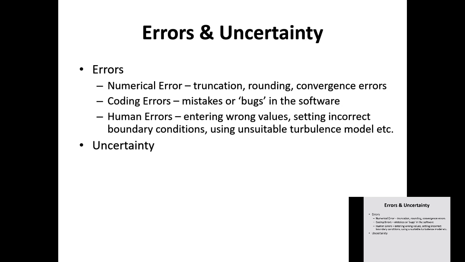And there can be coding errors because codes are written by humans as well. There could be bugs in the software. And human errors, so you keep on typing. 15.6 can be easily written as 16.5 or even 25.5 because 1 and 2 are near each other.